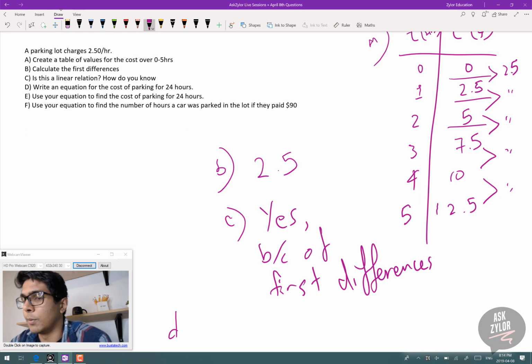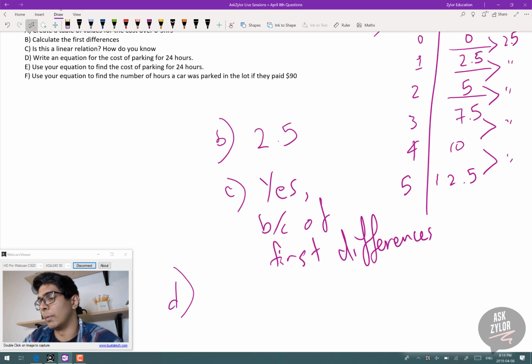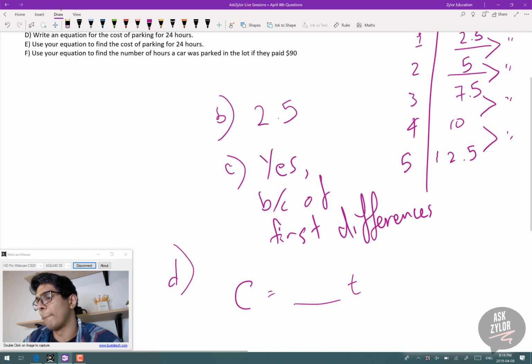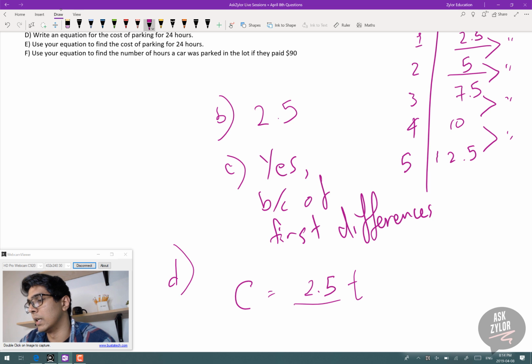And part D is asking me to write an equation for the cost of parking for 24 hours. So I'm going to say cost is equal to something in terms of time. So how much am I charging per hour? It's going to be 2.5. So I'm going to say C is equal to 2.5 times the time.